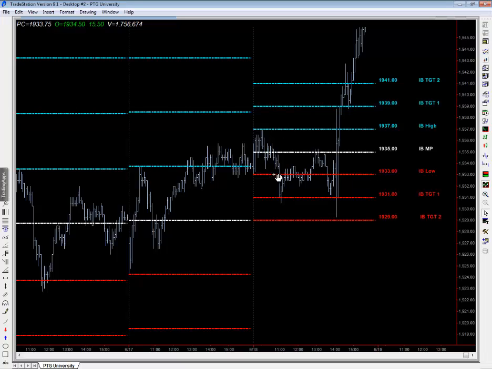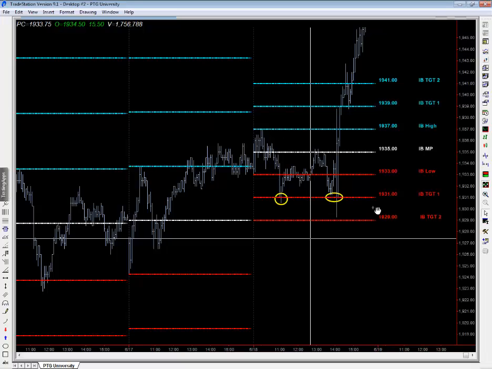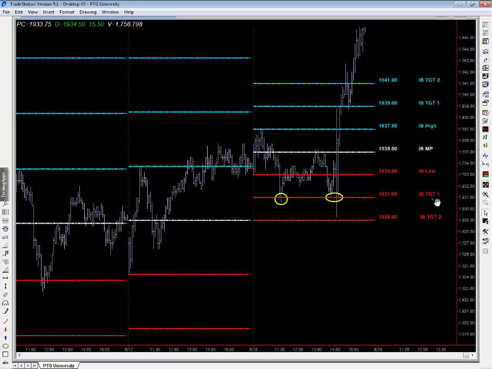Here with the 4 point range, you can see a push down below the initial balance low, which found support at the first target point. And at this push down again, it found support yet again at the initial balance target 1 level. These are pretty much symmetrical levels, and how I get the targets here is very simple.